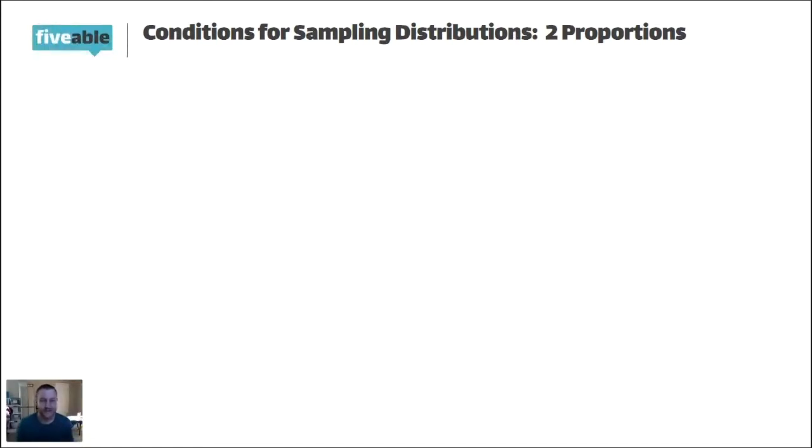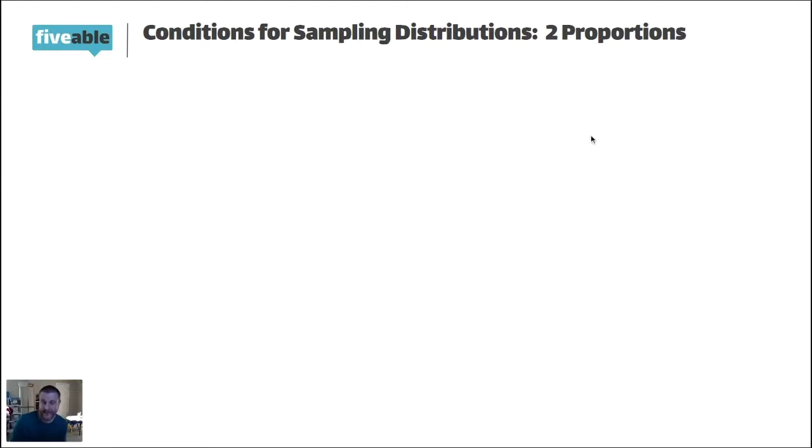So, conditions for sampling distributions with two proportions. So again, as we move into inference, sampling distributions are the first piece of that inference piece. We build that content, and then we talk about how we can use sampling distributions to make statistical inference. Okay.